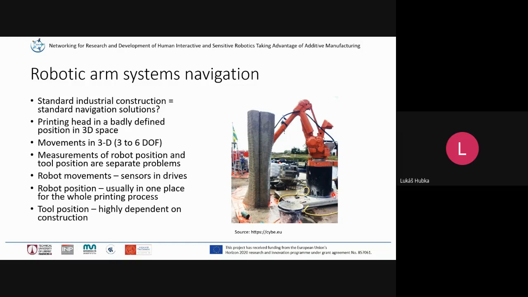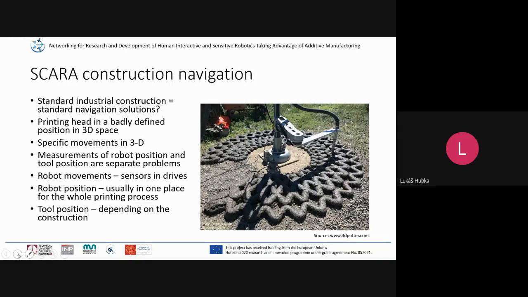I mean, this technology is really close to the third one which I have here in the presentation, the SCARA construction. The SCARA construction is similar to the robotic arm. Of course, the main difference is in the positioning of the printing head.